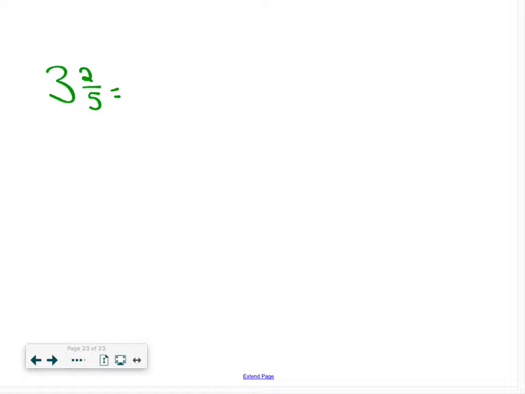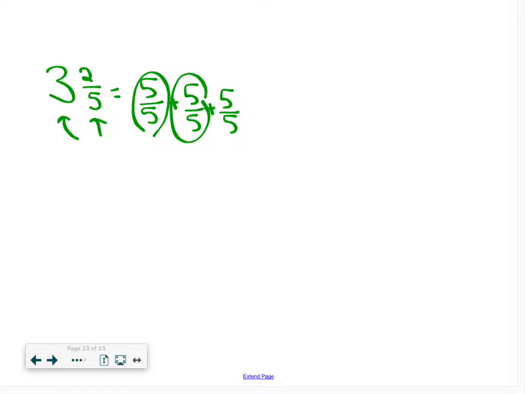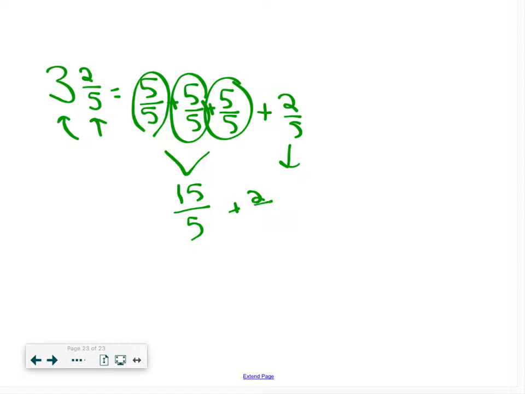If I have 3 pizzas and they're cut into fifths, I know that I have 5/5, another 5/5, and another 5/5, because this is 1 whole, there's my second, and there's my third. So far, that is 15/5. But I can't forget about my little leftover in my mixed number, which is the 2/5. If I add 15/5 plus 2/5, I get 17/5 total, which is my answer.